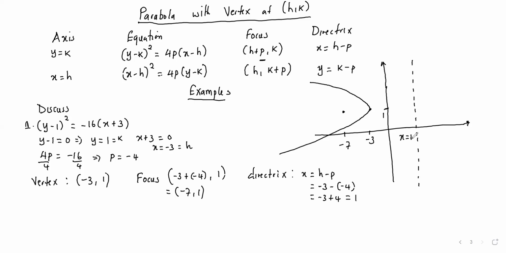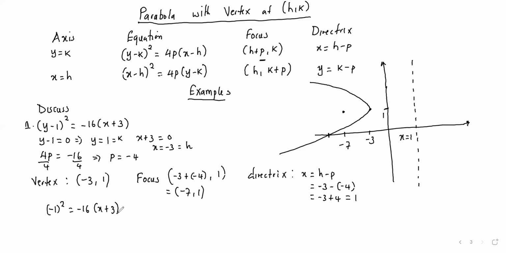Okay, so we have that graph. So you can see the axis is y is equal to 1. That's the line which has the focus and the vertex. And then we have the directrix, x is equal to 1. So you could actually find the intercept. Sometimes they'll ask you also to find the intercept. So if you want to find that intercept, you make y is 0. So when y is 0, you're going to have negative 1 squared equal to negative 16 times x plus 3.